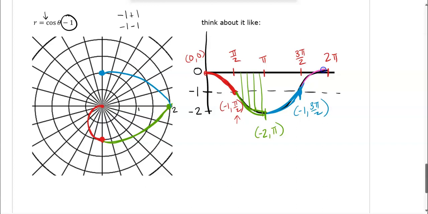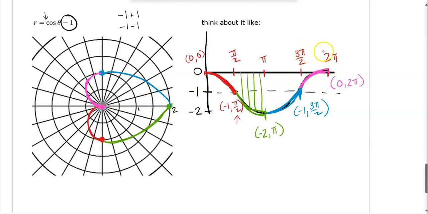All right, and then now I'm going to go ahead and do this last part right here. That's from 3 pi over 2 to 2 pi. So right here, my polar coordinate for this one is 0, 2 pi. Well, 0, 2 pi puts me right back at the pole. And so I've got to curve this way. And again, I know I keep saying it, but I'm going to curve out this way into the pole.